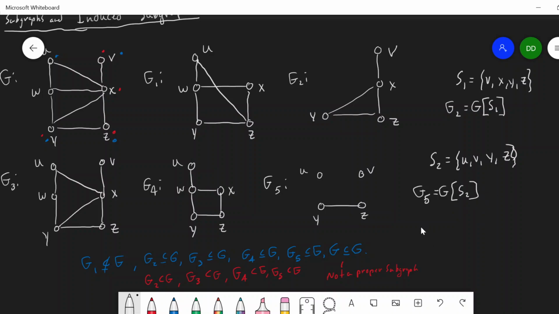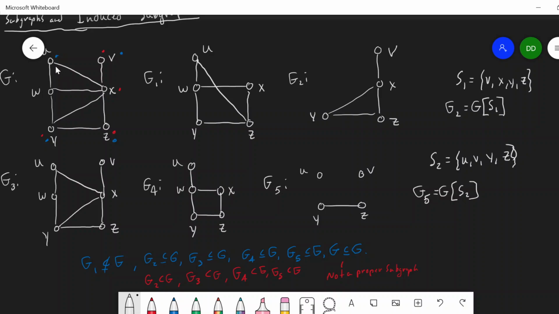Let's pick out one that's not vertex induced. G4, for instance, is not an induced subgraph of G, because here my set would be U, W, X, Y, and Z. And so if I go up to my graph and look at U, W, X, Y, and Z, if this were induced, I'd have to include all the edges between those 5 vertices in my graph.